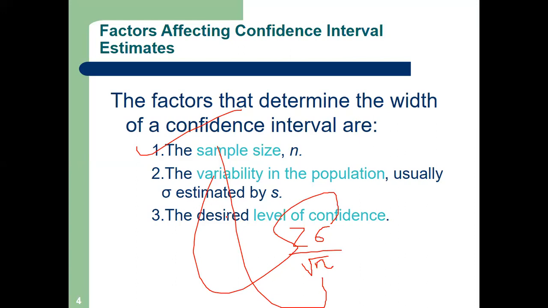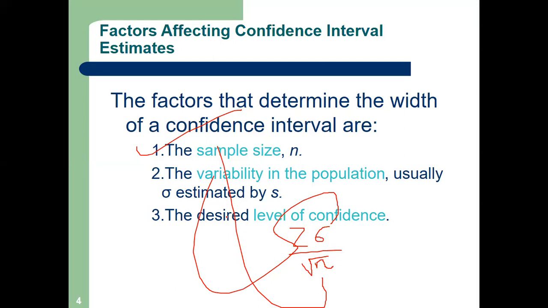यहाँ पे कहाँ है desired level of confidence? Is there anything in this formula, Nimish? No, sir, we take it whatever we desire. हाँ, desire. पर यहाँ पे तो कुछ नहीं है confidence. Level of confidence है इस formula में, Nimish? Can you see any term?